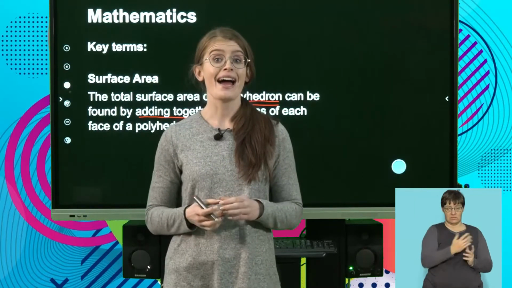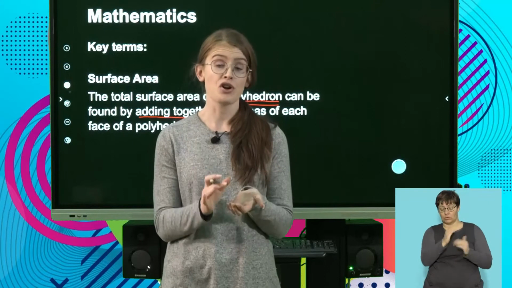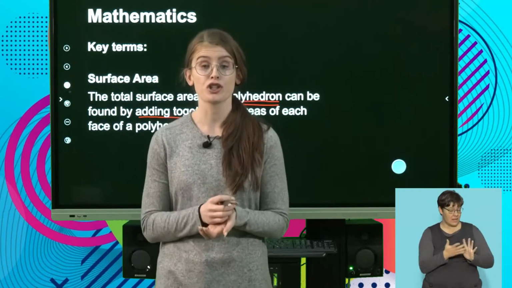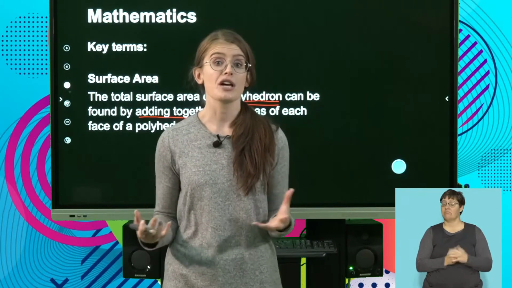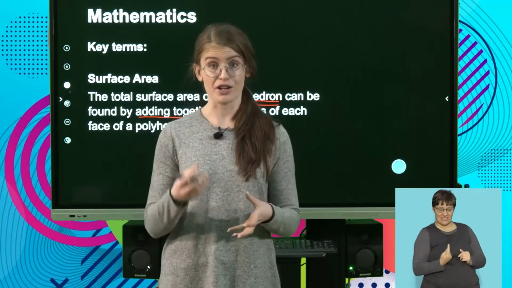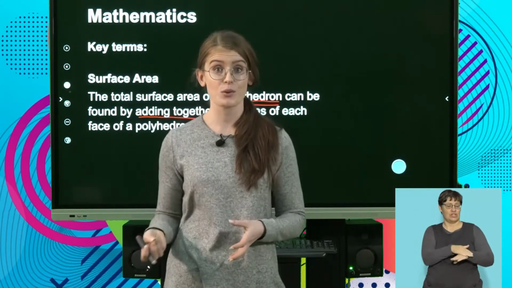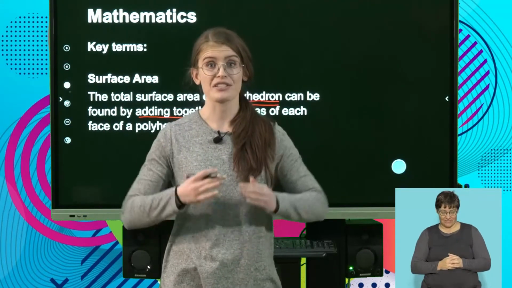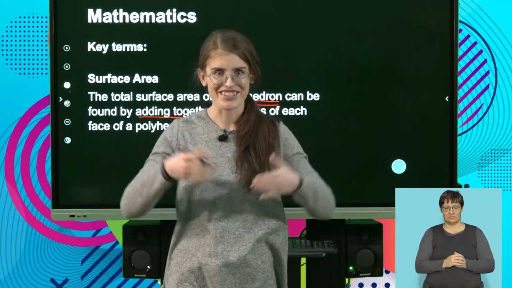So if I had a cube and I wanted the surface area of the cube, I know that the exterior of a cube is made up of 6 external squares. So if I were to find the surface area of a cube, I would have to find the area of all 6 squares and add them together, because that will be the total surface area of that cube. Let's go to the next slide.